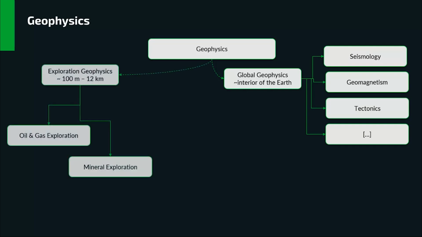The next one is exploration geophysics. Usually we count the first 100 meters to 12 kilometers of the subsurface. It contains two main areas, mineral exploration and oil and gas exploration. People tend to put them together.